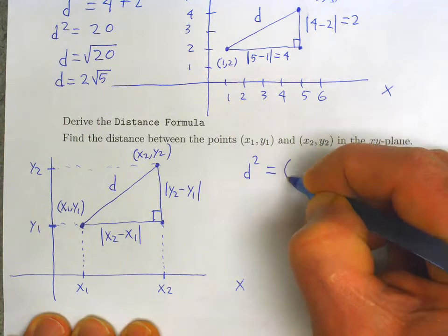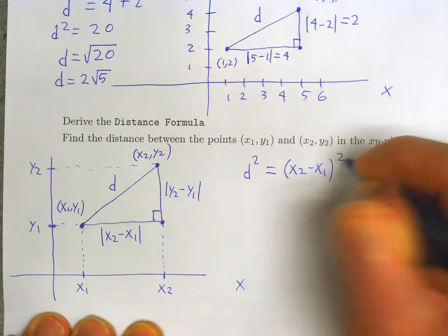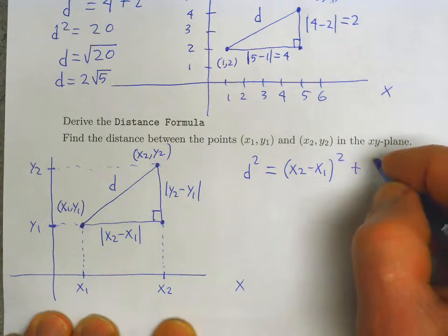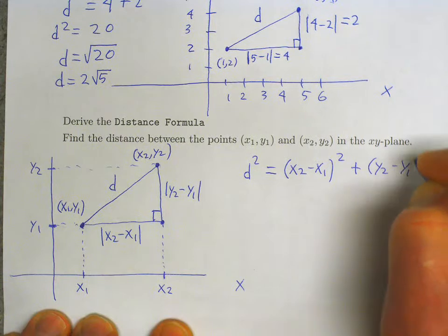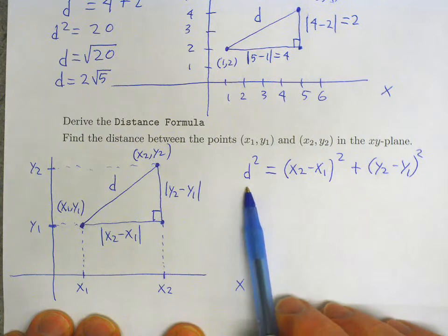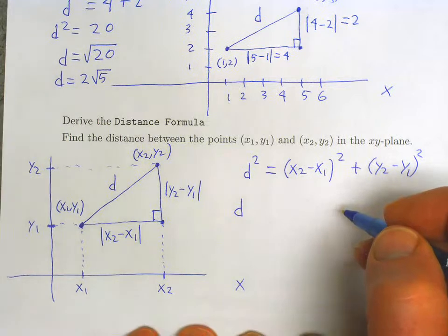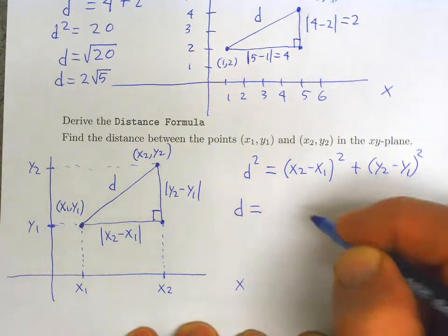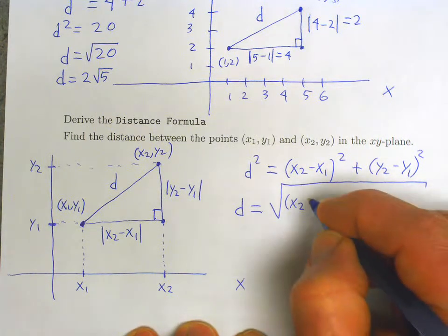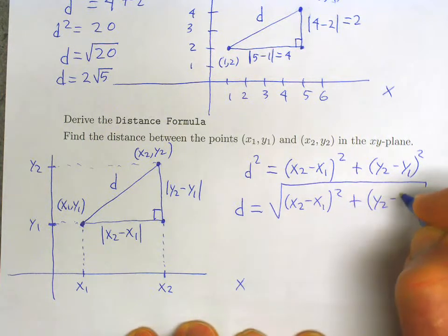So we'll just write the quantity in parentheses, x2 minus x1 squared, and then plus the length of this side squared is y2 minus y1 in parentheses squared. And we want to solve for d, so we just use the positive square root. So the distance between those 2 points is the square root of the quantity x2 minus x1 squared plus the quantity y2 minus y1 squared.